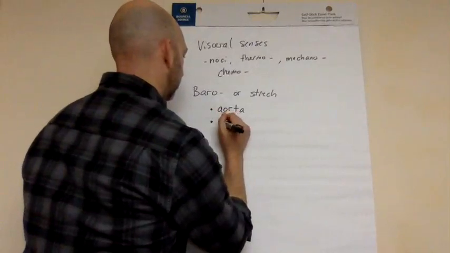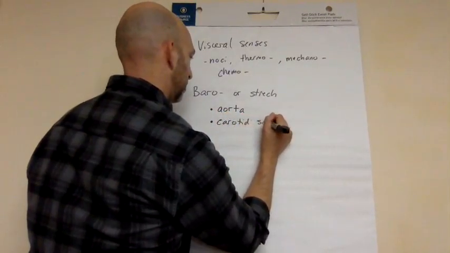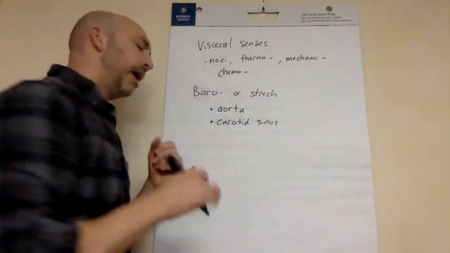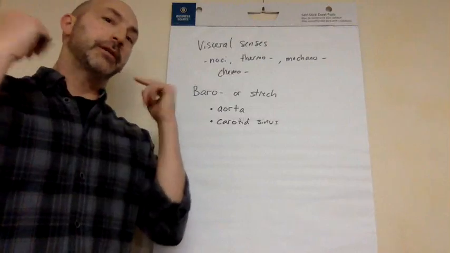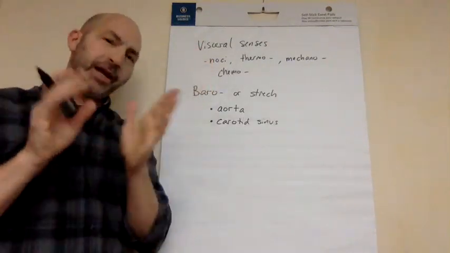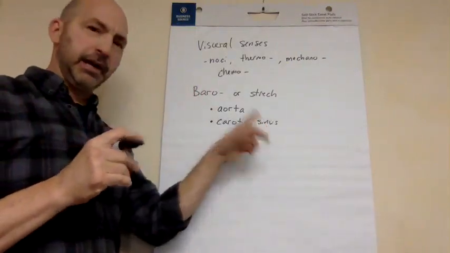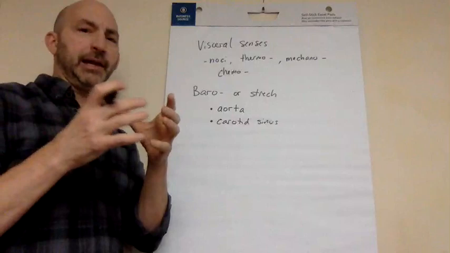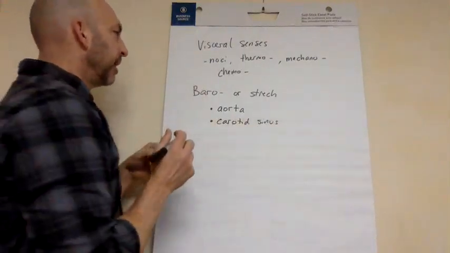They are found in the carotid sinus. So the carotid arteries travel up your neck, and then they branch to go inside to your brain and then outside to your scalp. And right at that branching point between internal and external, there's this region called the sinus. It's just an expanded area where the carotid artery branches. And so we've got receptors there.